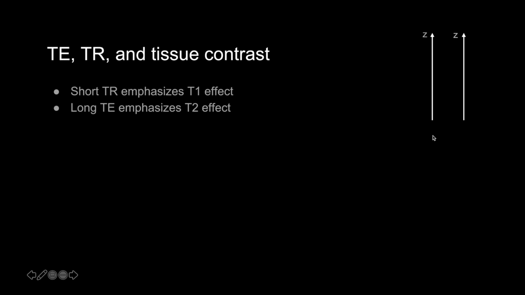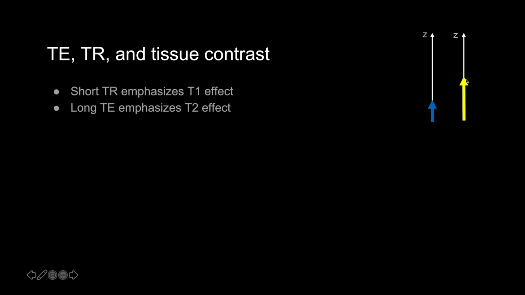After a very short period of T1 relaxation, these begin to relax in the longitudinal plane. The fat molecules, or hydrogen molecules in fat, have a much shorter T1 relaxation time, and so they relax towards the z-axis a lot quicker, and after a very short period of time have a bigger net magnetization vector in the z-axis.